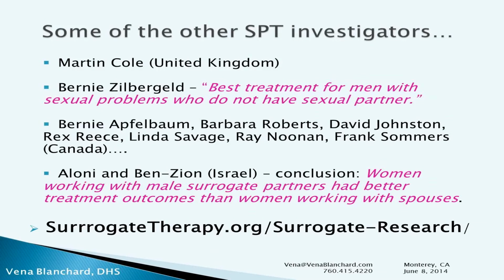The most recent research has been out of Israel. Redi Alani and her colleague, whose last name is Ben Zion, published a recent study comparing treatment of women with vaginismus working with husbands and women with vaginismus working with surrogate partners. A couple of interesting findings.